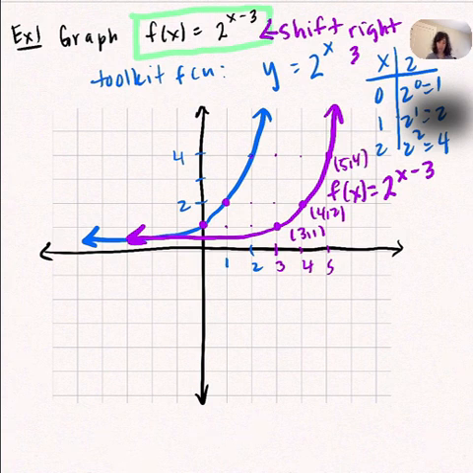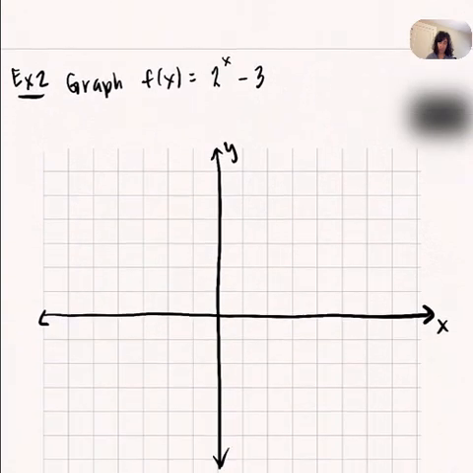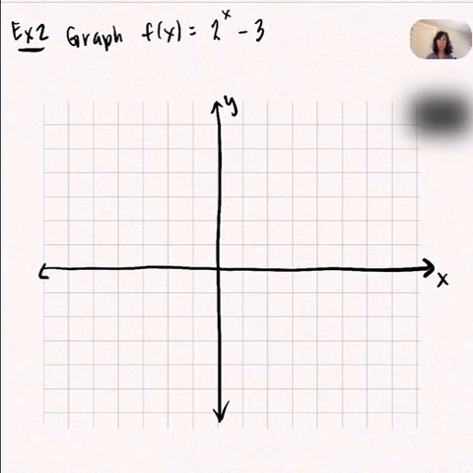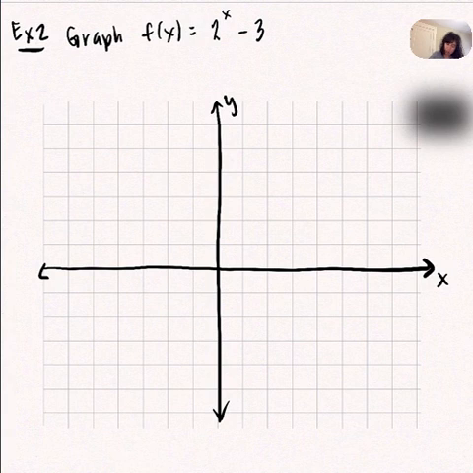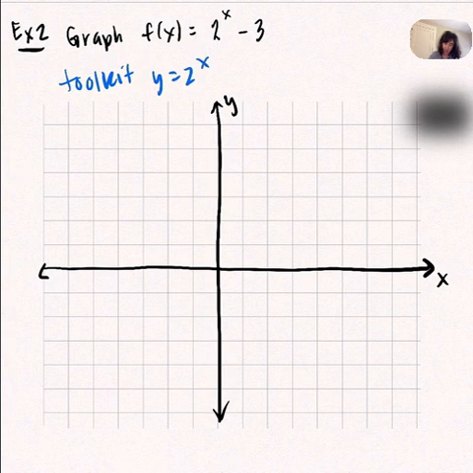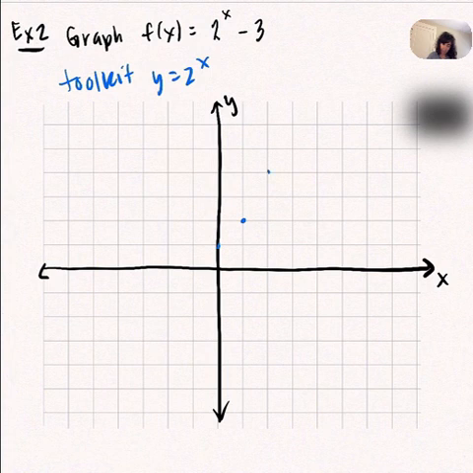Okay, let's look at another example. How do we graph f of x equals 2 to the x minus 3? Well, we still have the same toolkit function, so our toolkit is y equals 2 to the x. And we've seen that that graph looks something like this.